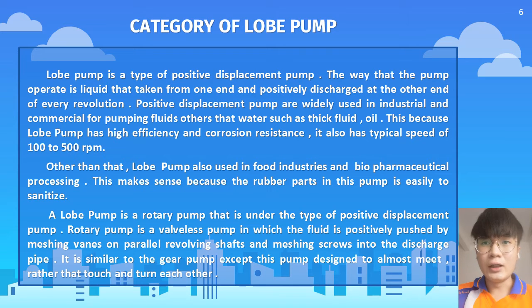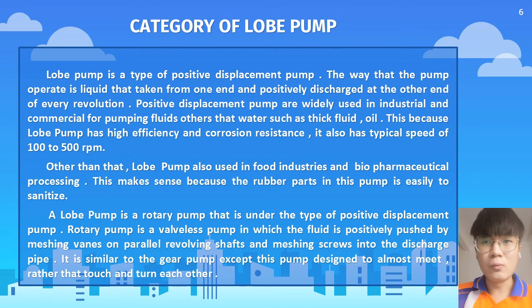Other than that, rope pump is also used in the food industry and biopharmaceutical processing. This makes sense because the rubber parts in this pump are easy to sanitize. A rope pump is a rotary pump that is under the type of positive displacement pump.